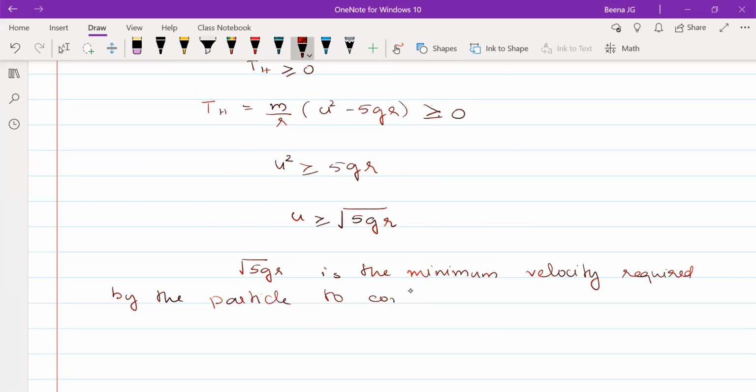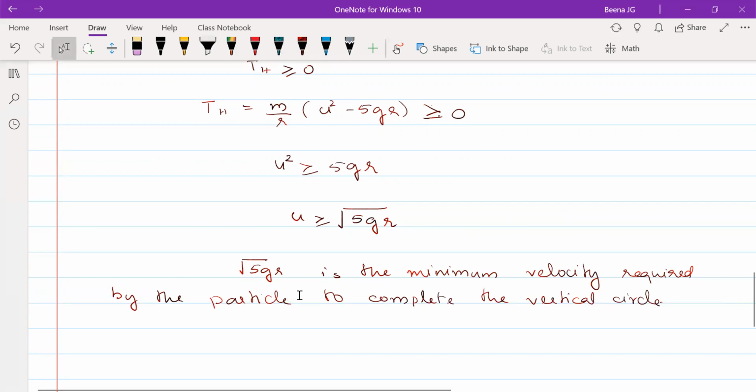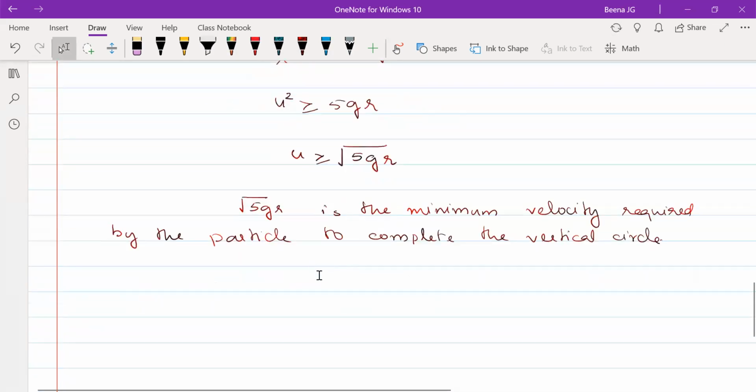To complete the vertical circle, we can write. Now we will find out what will be the minimum velocity at the top. So next what we are trying to find is the minimum velocity at the top.